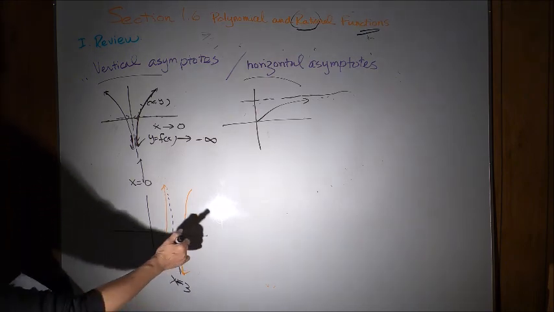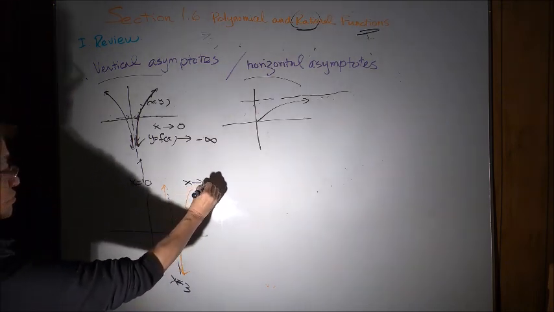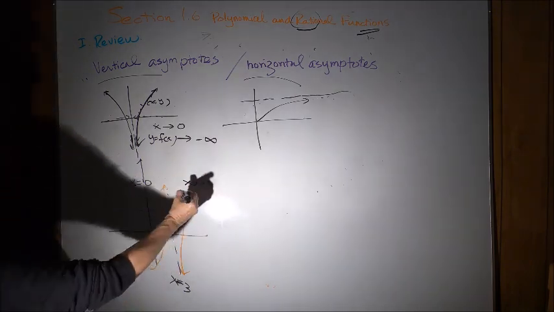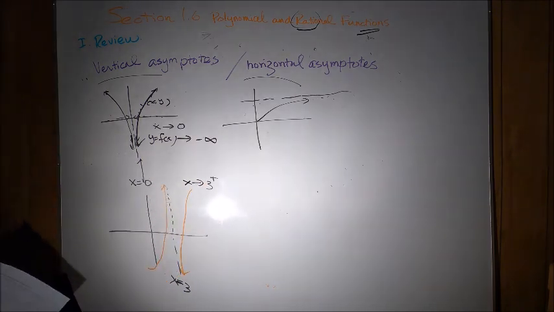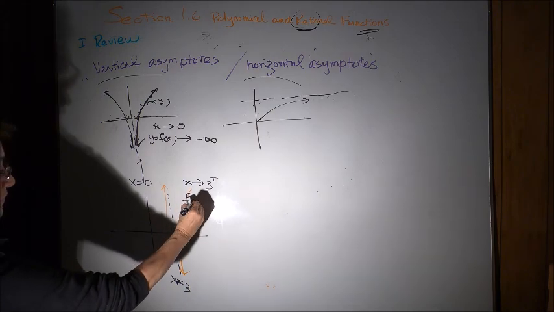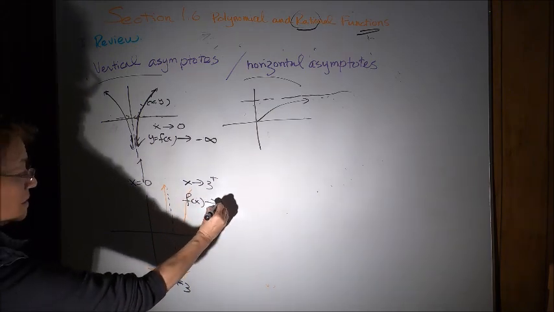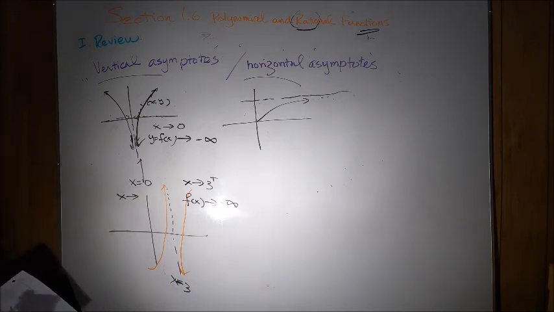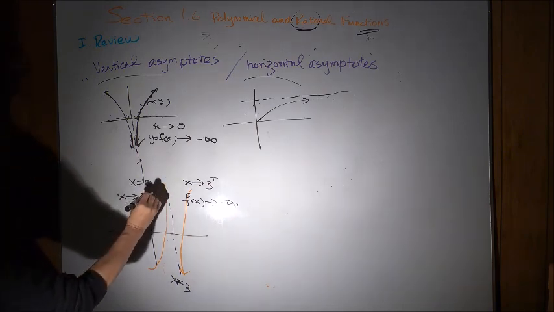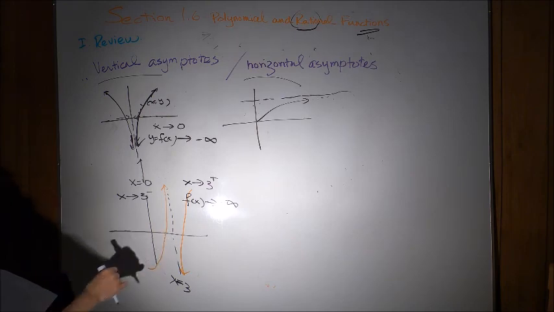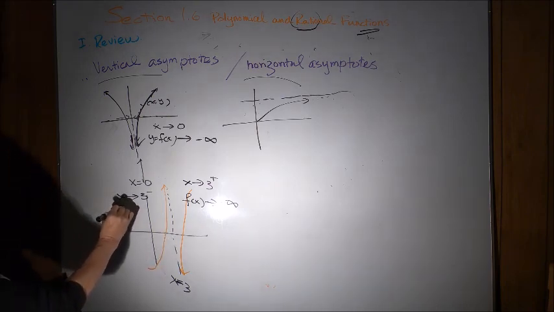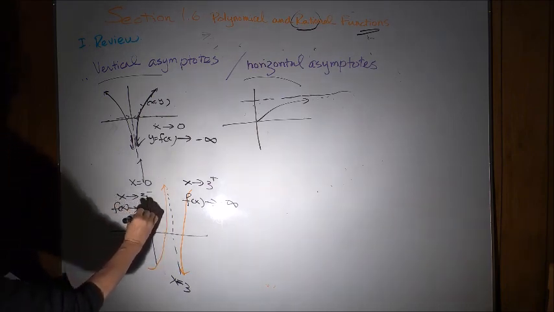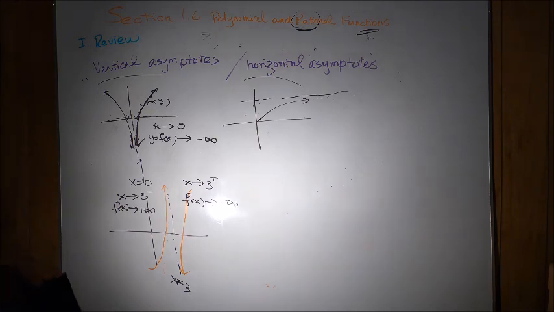For this one, x approaches 3 from this side, positive side, then our f of x approaches what? Negative infinity. Or on this graph, x approaches 3 from the left-hand side, f of x approaches what? Positive infinity.